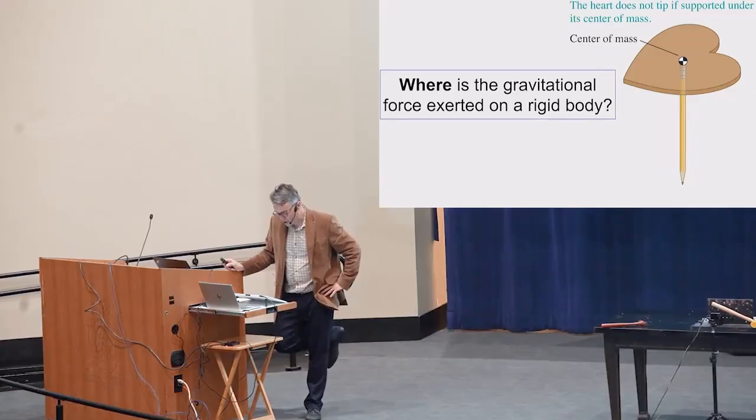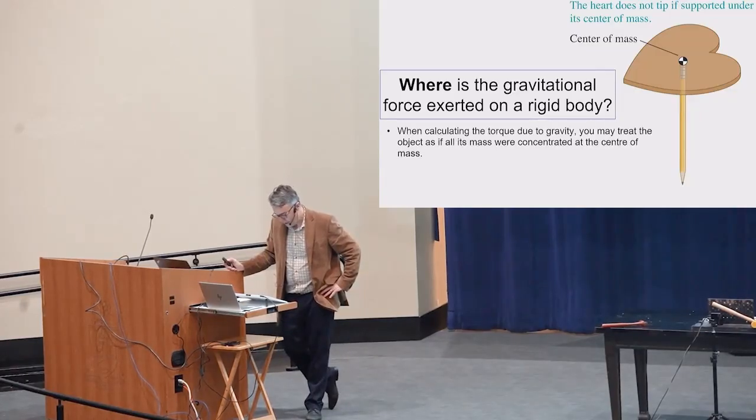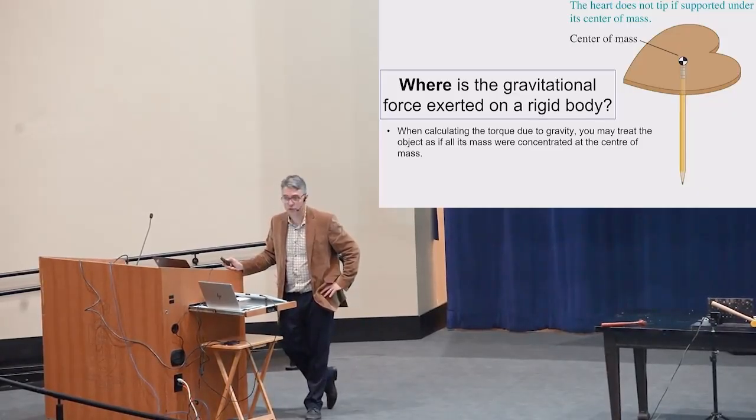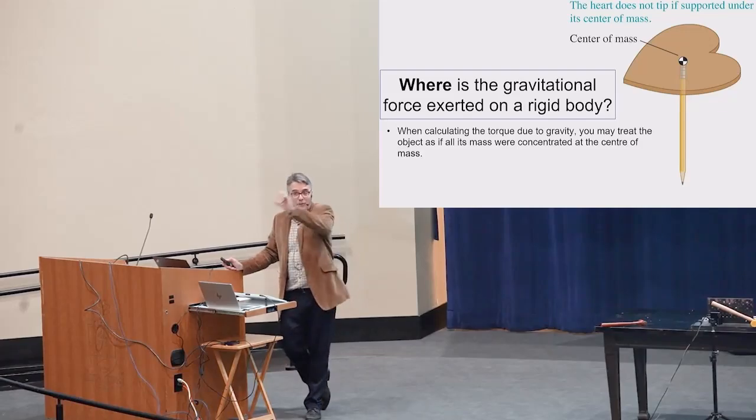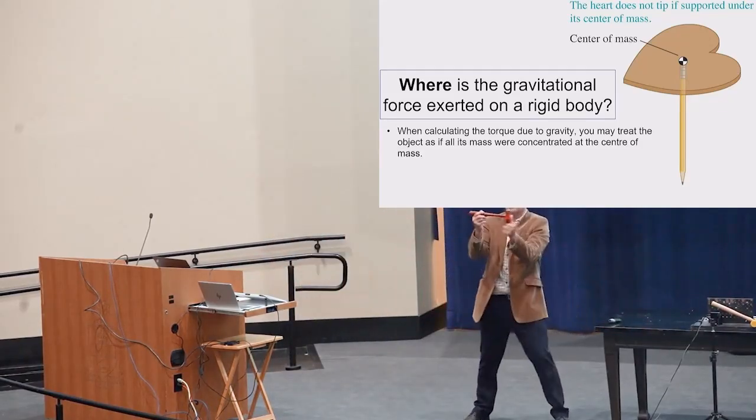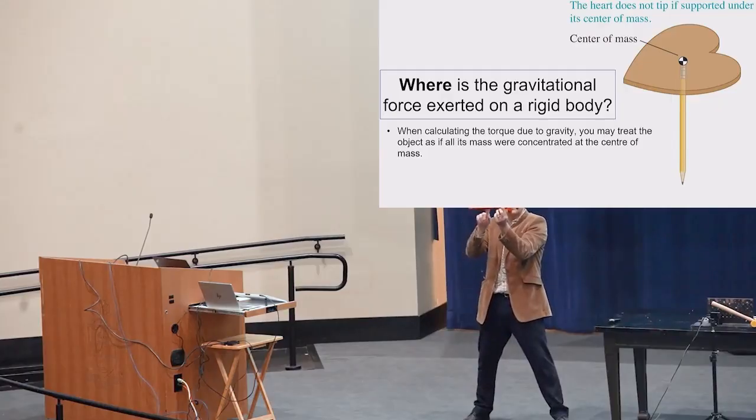Where is the gravitational force exerted on a rigid body? So this is weight. When calculating the torque due to gravity, you may treat the object as if all its mass were concentrated at the center of mass. Really, gravity is reaching out and pulling on each part of every single little molecule in this hammer, being pulled downwards by the force of gravity.